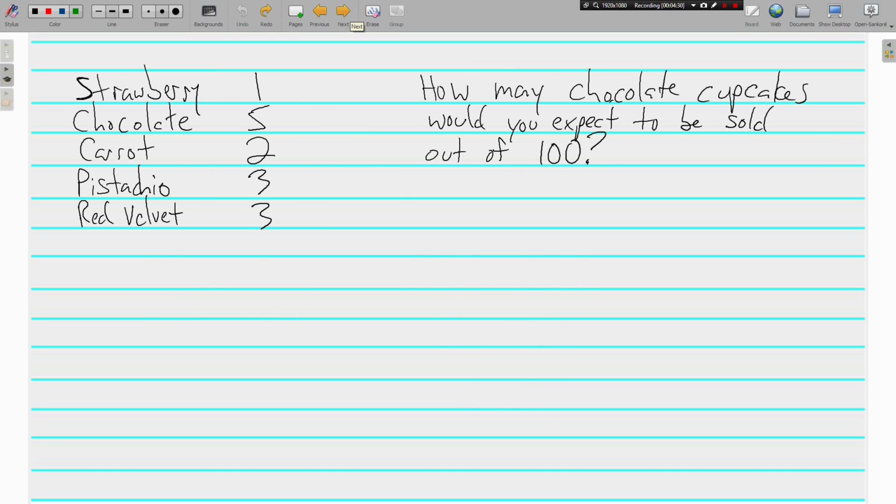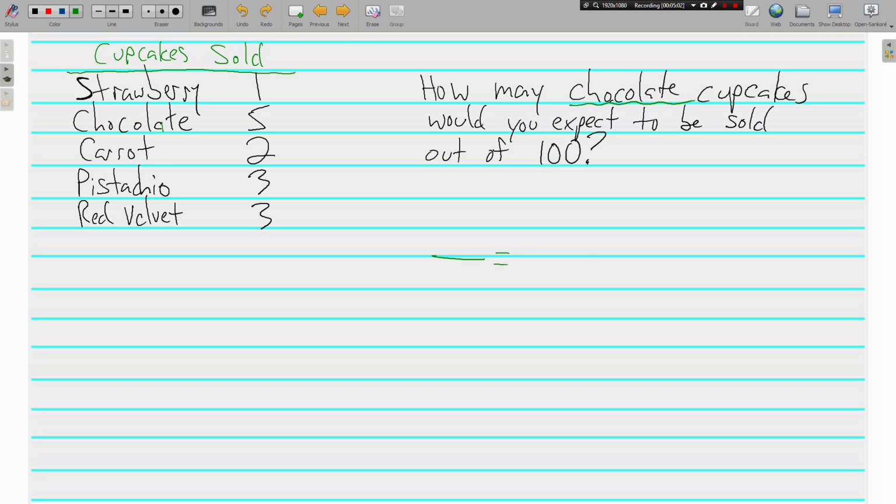That's our using probability to predict. Let's do one more. This is about cupcakes. I guess I should give this a title here. Cupcakes. Looks like there was 1 strawberry sold, 5 chocolate, 2 carrot cupcakes, 3 pistachio, and 3 red velvet cupcakes. And we're asked how many chocolate cupcakes would you expect to be sold out of 100?